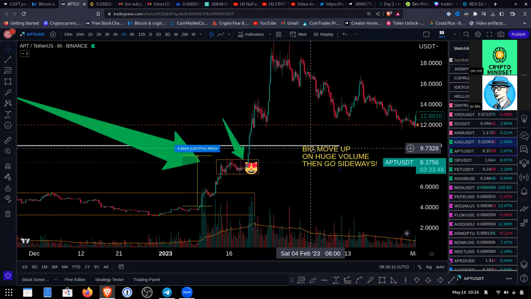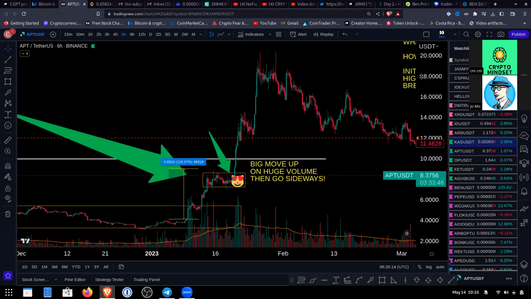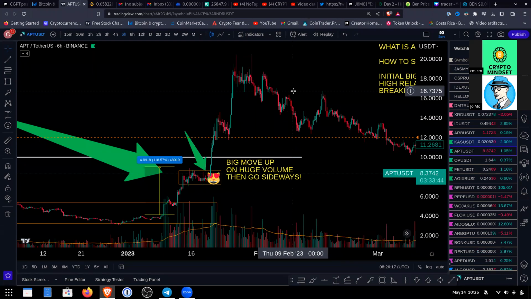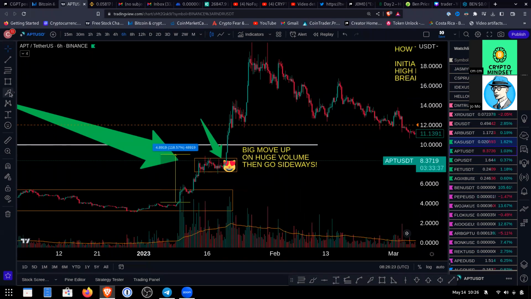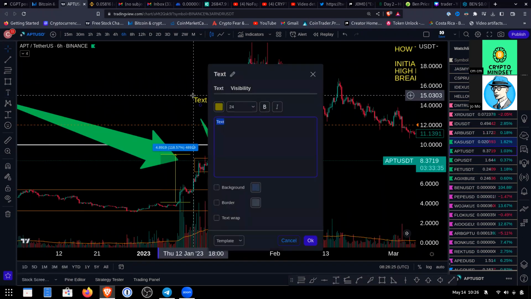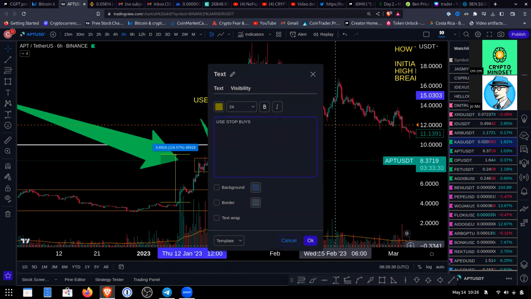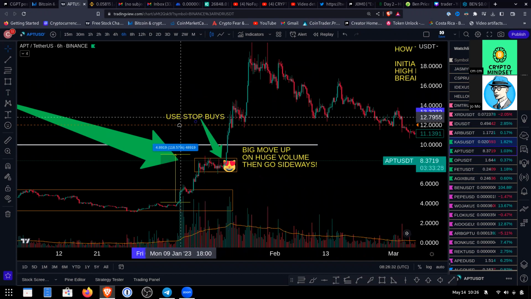Exactly. And you know what, CM? I would advocate that one should use automatic stop buys, and that is why we love using perpetual contracts. On exchanges, when you put an automatic stop buy on a perpetual contract, you can automatically add a stop loss and take profits.